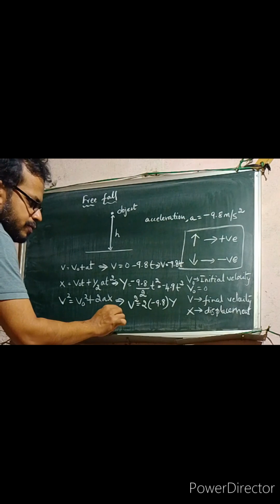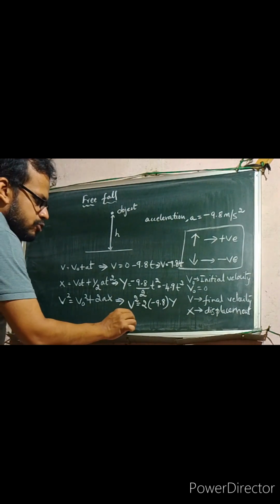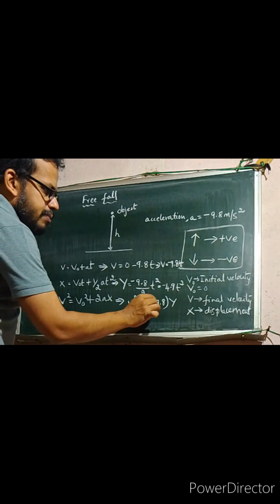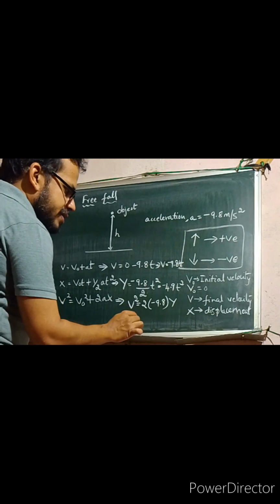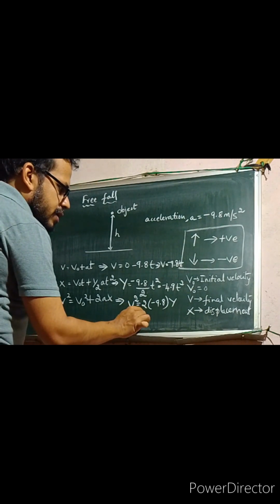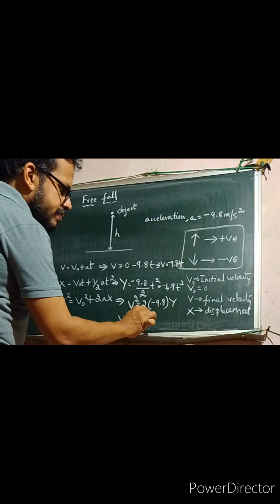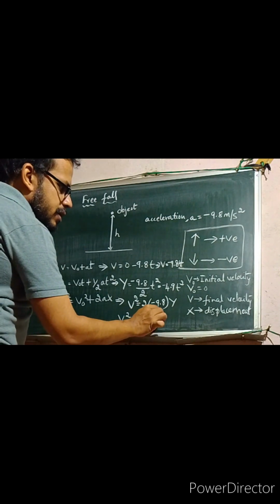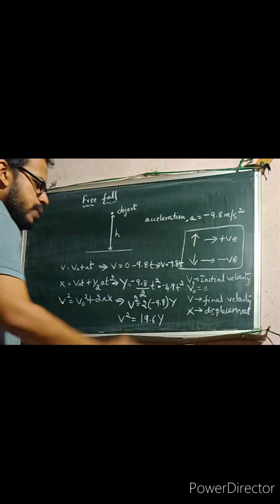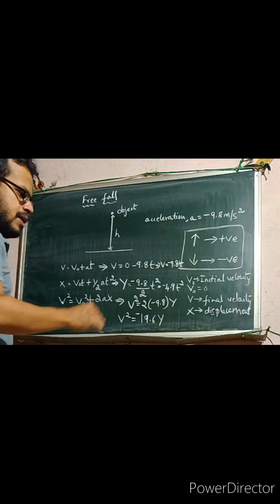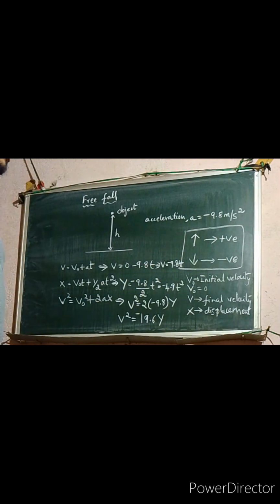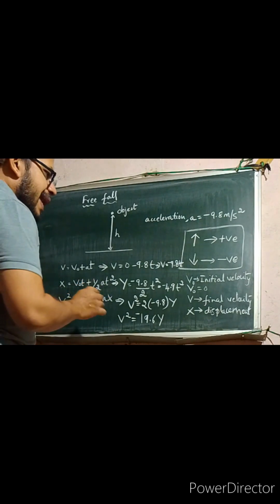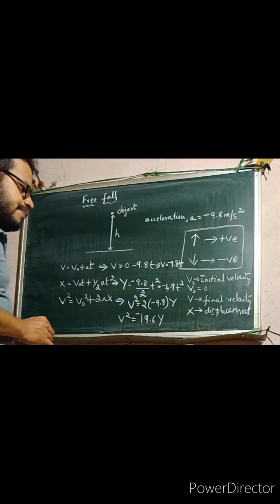So v square will be equal to 2 times minus 9.8, that is 19.6, into y. V square equal to minus 19.6 into y. So these are the values we are getting here.